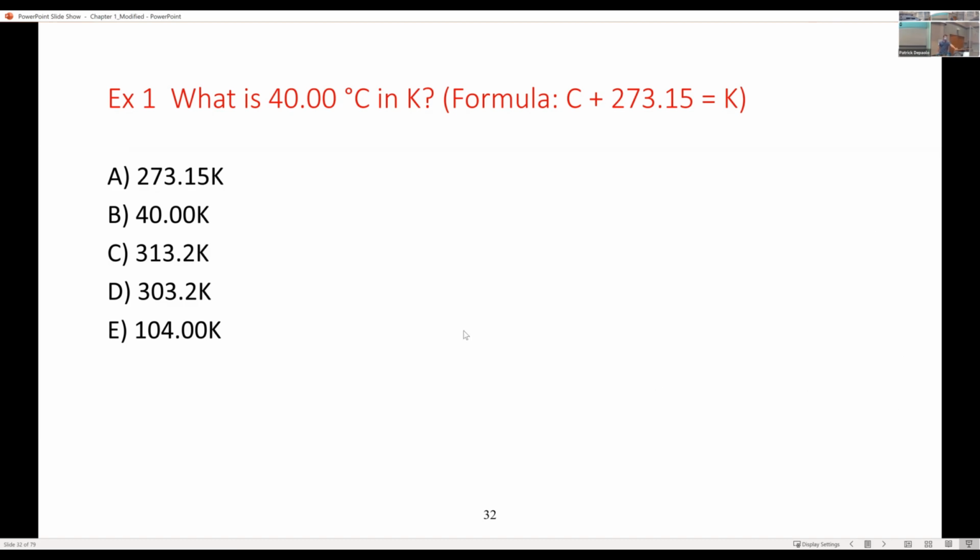It's very simple. Take the Celsius temperature, add 273.15, and you get the Kelvin temperature. So if we were to do that here, what would 40 degrees Celsius be in Kelvin? This one's easy enough, you could just say it. C, yes, C looks right to me. Yeah, good.